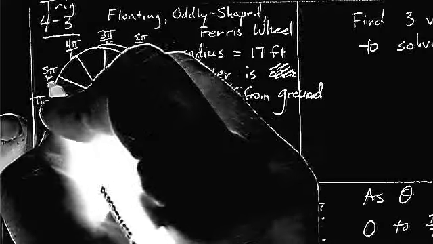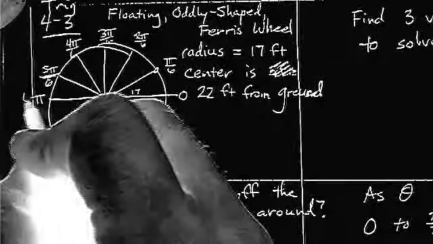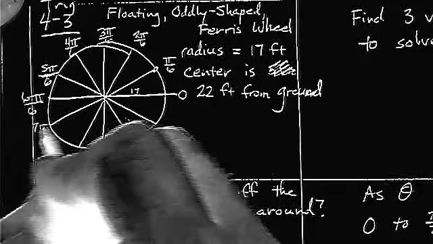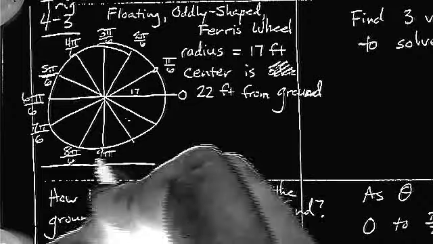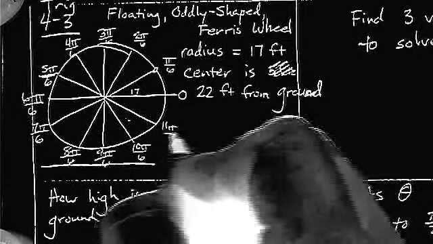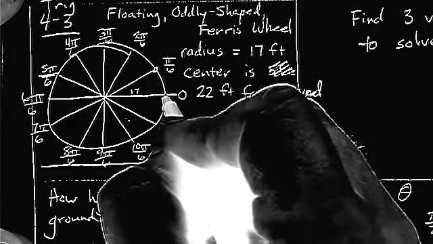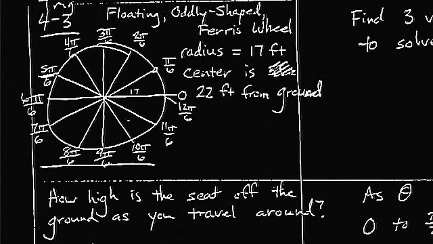5 pi over 6. Oops, can't write. And 6 pi over 6, and 7 pi over 6, and 8 pi over 6, and 9 pi over 6, and 10 pi over 6, and 11 pi over 6. And then eventually you're right back to the beginning, which is 12 pi over 6. Now obviously some of these can be reduced, right?